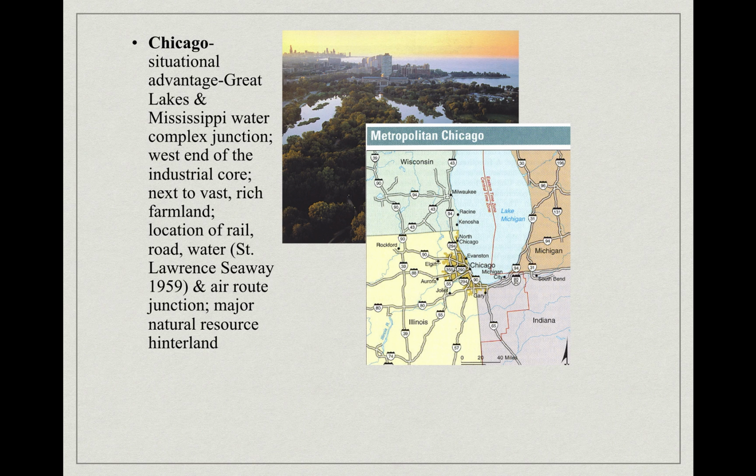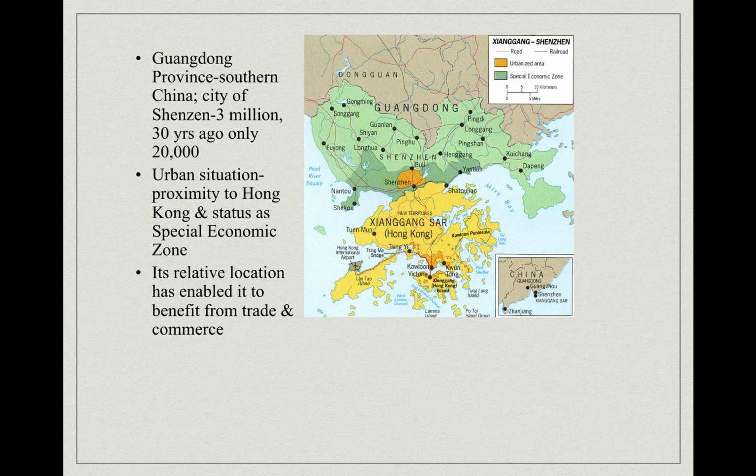To this day it's also a major air route junction, in the middle of the United States, that serves as a transportation hub. And there's that word hinterland, with major natural resources in the hinterland region. So the development of Chicago was very much advantageous because of its situational factors.